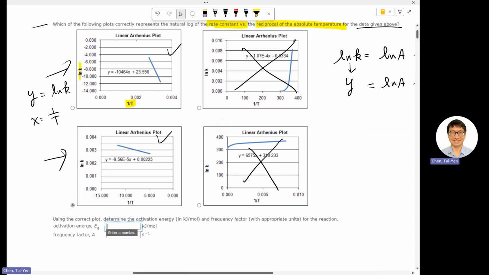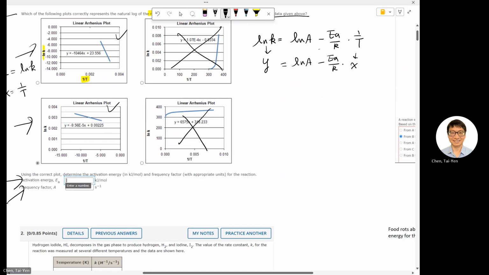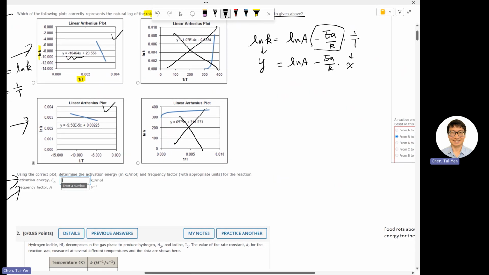Once you have this, it's asking you to calculate the activation energy. That's one question. The other question is to calculate the frequency factor A, right? To calculate your activation energy, all you need to know is your slope. Here they do the fitting for you and give you the slope.